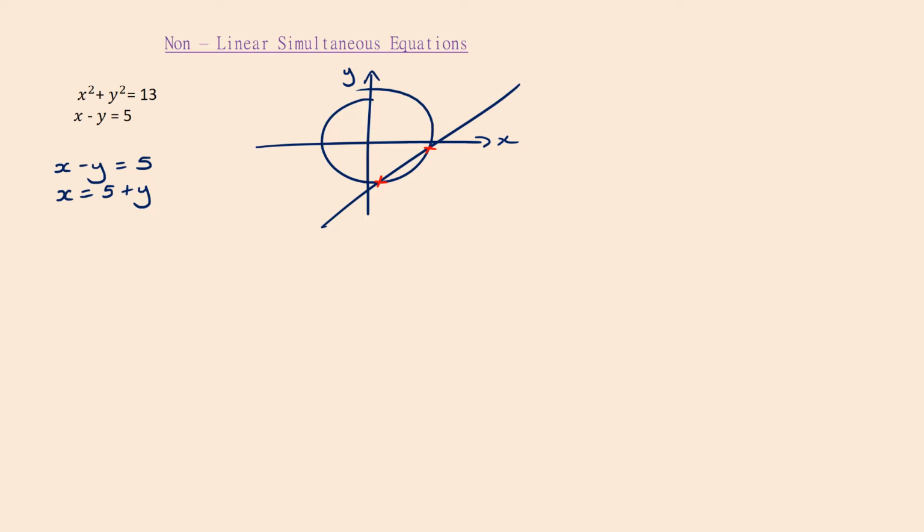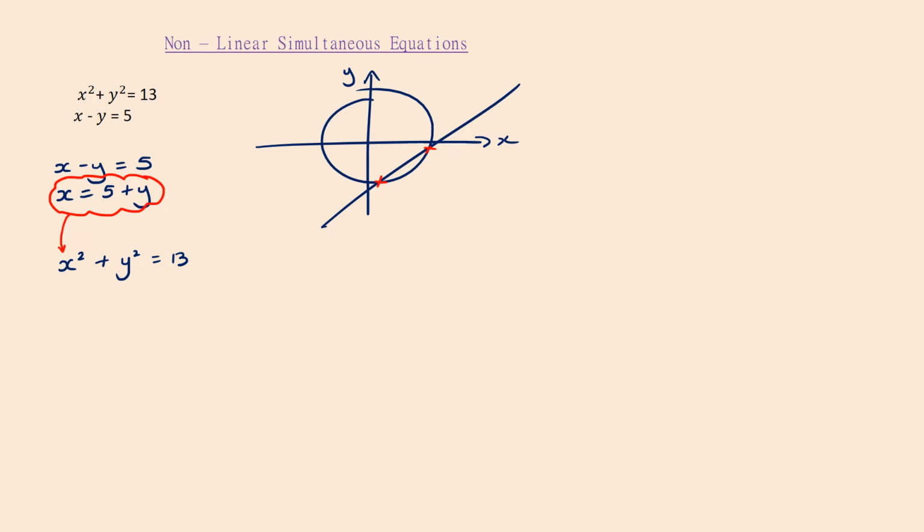We're then going to substitute this into the nonlinear equation. So if I just write out x squared plus y squared equals 13, given the fact that we know that x is the same as 5 plus y, we can sub it in here.